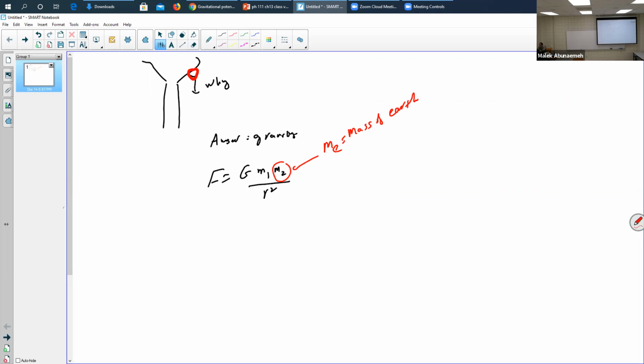And r is the distance between the two objects, which in this case is from the Earth to the object. So F will be the force between both objects.